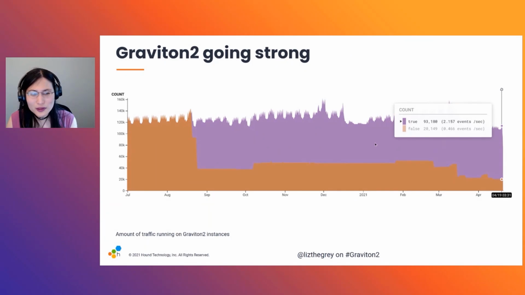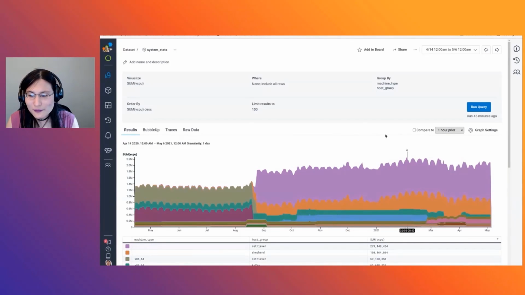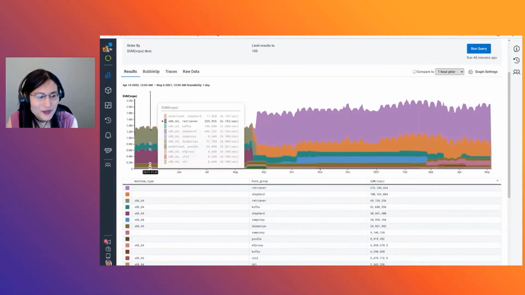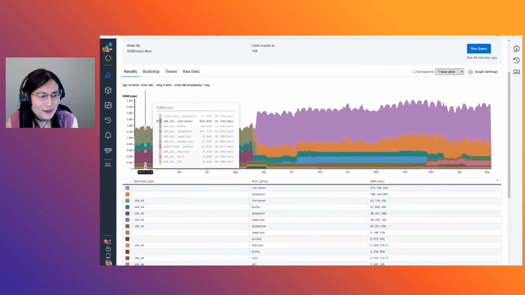So Graviton2 is going really strong in Honeycomb. About 93% of our core count is running on ARM64. In fact, if you look at what that graph looks like today, you can see those key moments where we migrate each service over, right? You can see here that we had a lot of Retriever x86 instances. We had a lot of x86 64 Kafka instances, and everything of Shepherd was there.